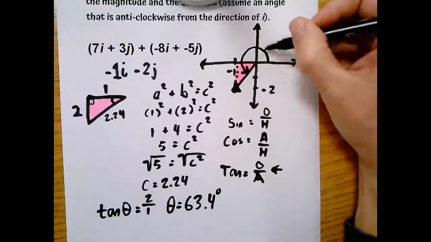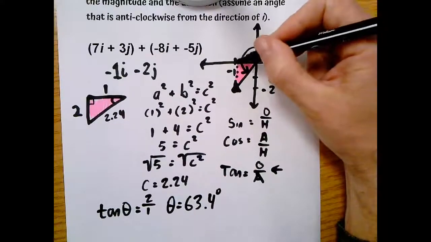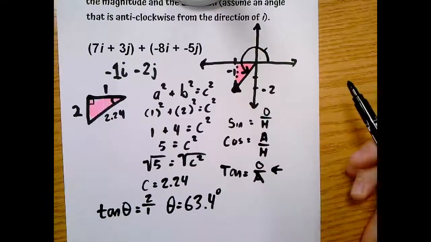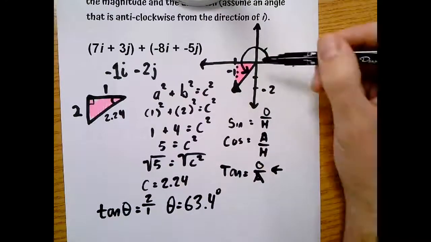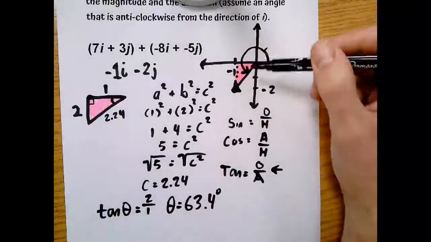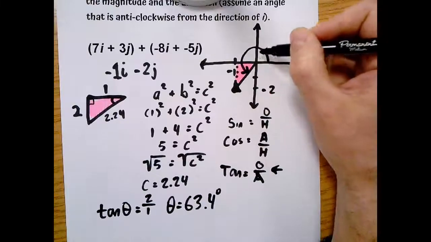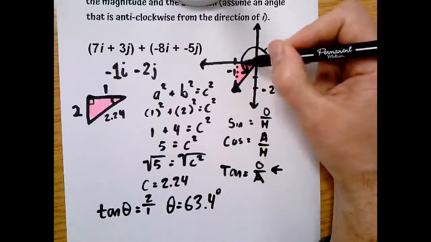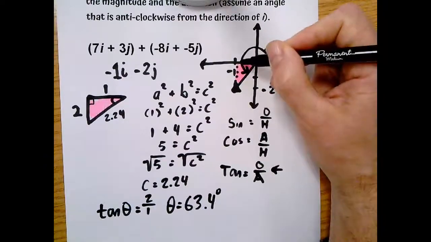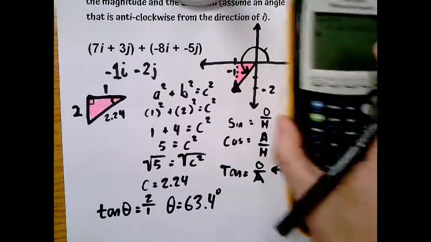Because you go up, up, up, up, up, that's 90. Up, up, up, up, up, that's 180. And so when we do this, we have to be aware of what quadrant we're in, or where we last referenced the x-axis, or the I direction. So when I'm coming around here, I actually need to add 180 degrees to account for that travel. And that's actually going to be my answer for my angle.